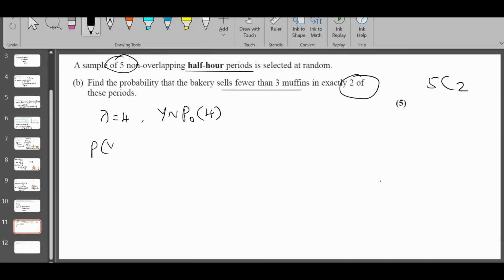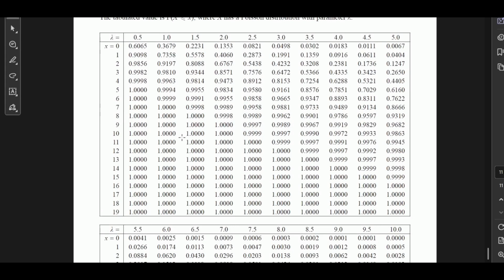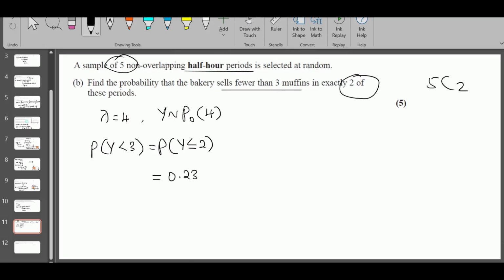And first we need to find Y is fewer than 3, which is the same as Y is less than or equal to 2. So I'm going to use the table value for lambda is equal to 4, x is equal to 2, which is 0.2381. That's the probability of success here.